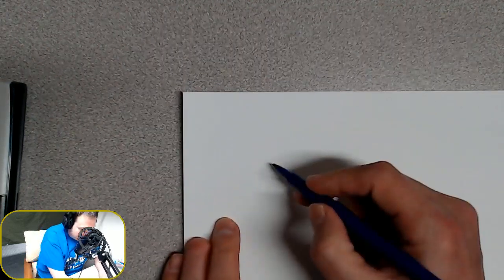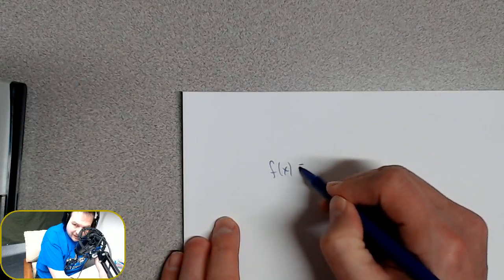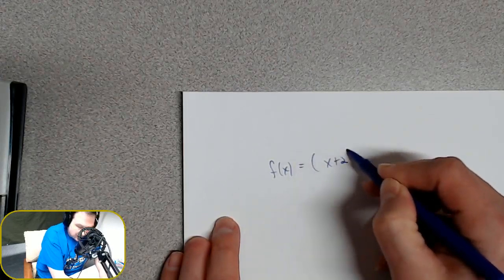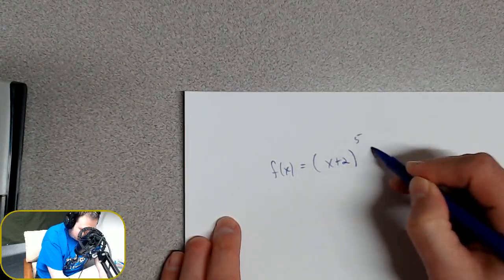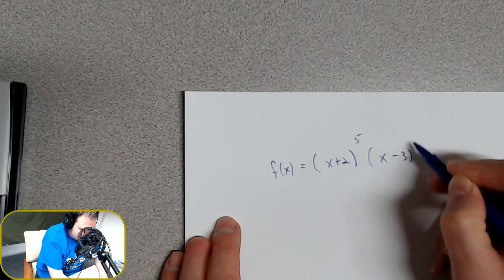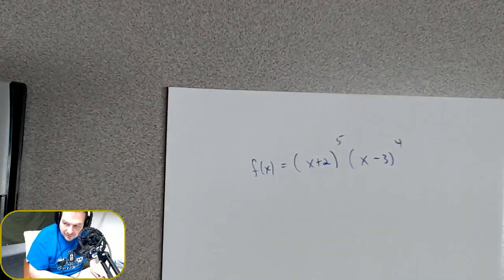Let's look at number 15, though, because I could pull up the multiple choice results, but I can't pull up the free response results. The multiple choice says find the number of critical points, and it gave the equation f of x equals (x plus 2) to the 5th times (x minus 3) to the 4th. And it wanted to find the number of critical points.